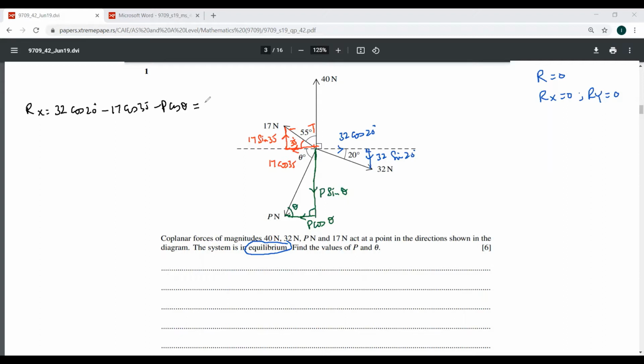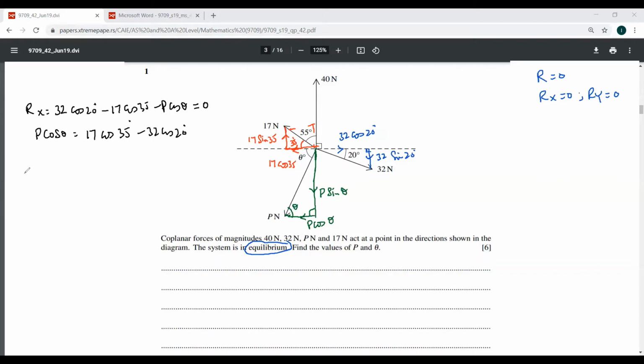And that is going to be equal to 0. We have already established that Rx and Ry are going to be 0. So this gives me P cos theta equals 17 cos 35 minus 32 cos 20. Someone please find this value and tell me. In the meanwhile, I write the vertical components resultant here.